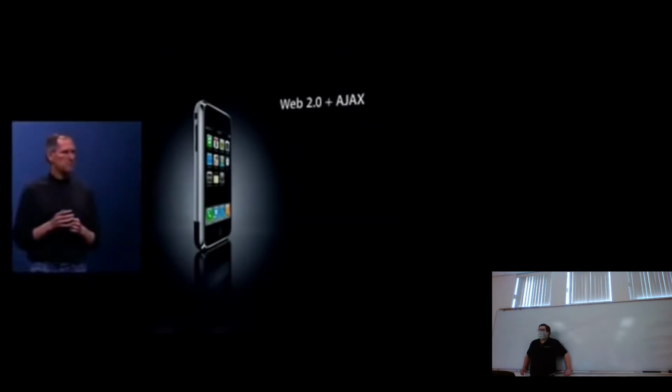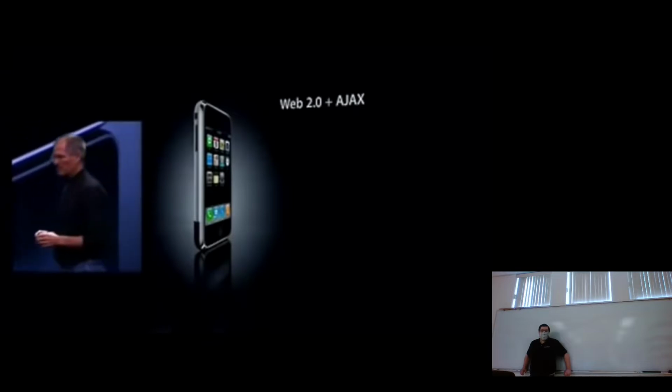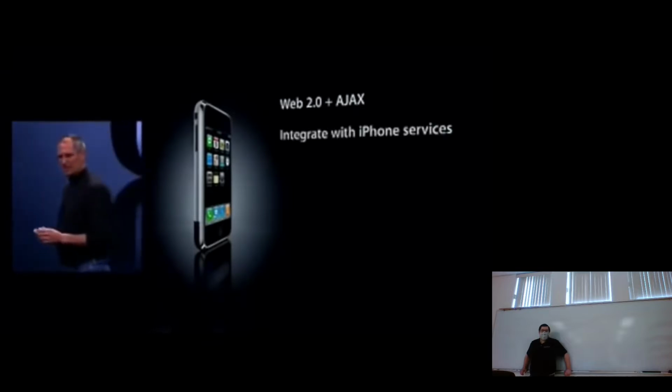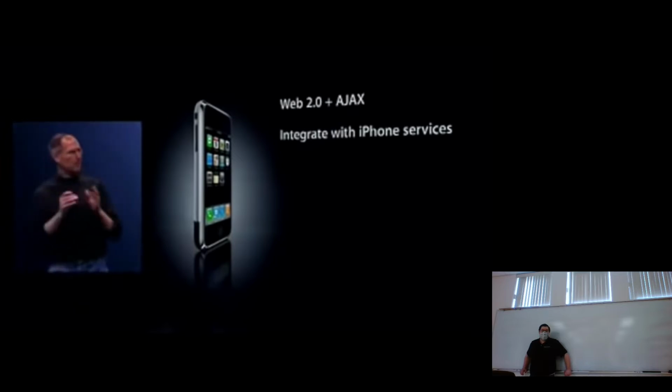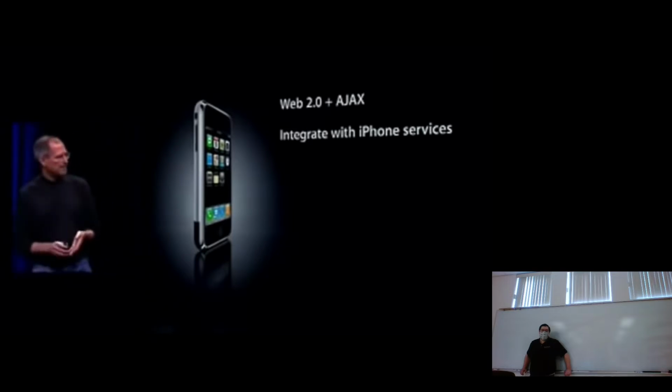And so you can write amazing Web 2.0 and Ajax apps that look exactly and behave exactly like apps on the iPhone. And these apps can integrate perfectly with iPhone services. They can make a call. They can send an email. They can look up a location on Google Maps.